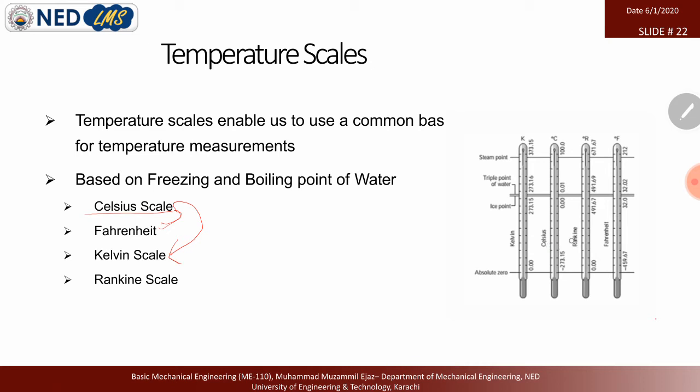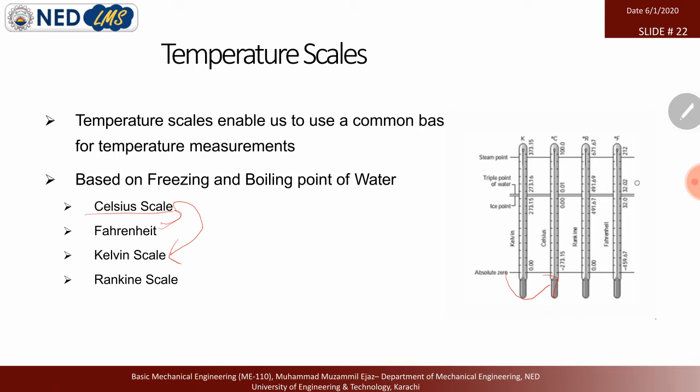You can see from this that 0 degree centigrade is equal to 273 Kelvin, and minus 273 is 0 Kelvin. So Kelvin is an absolute scale of degree centigrade.